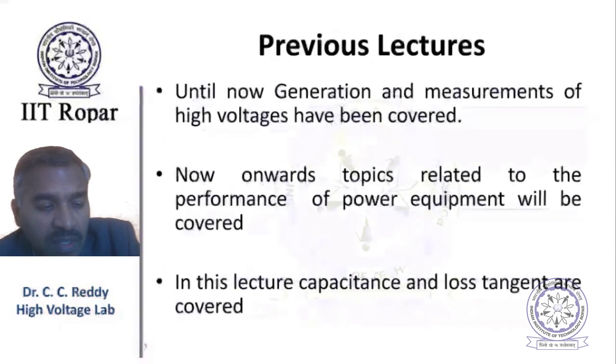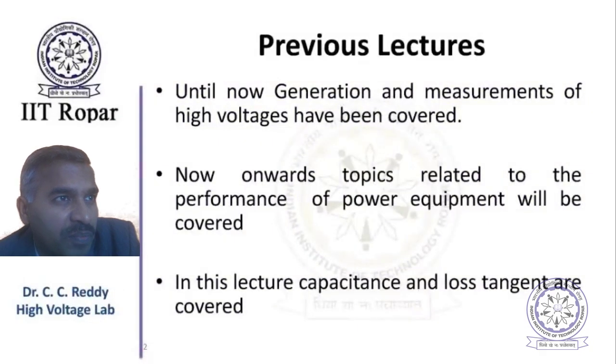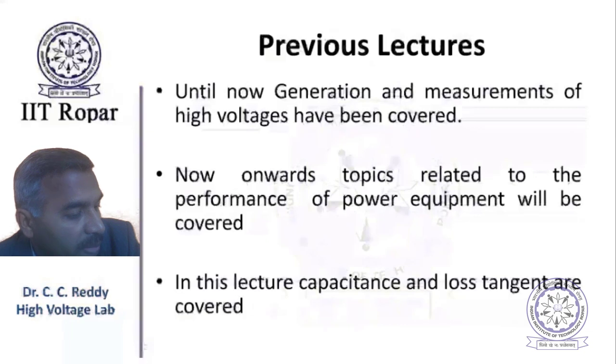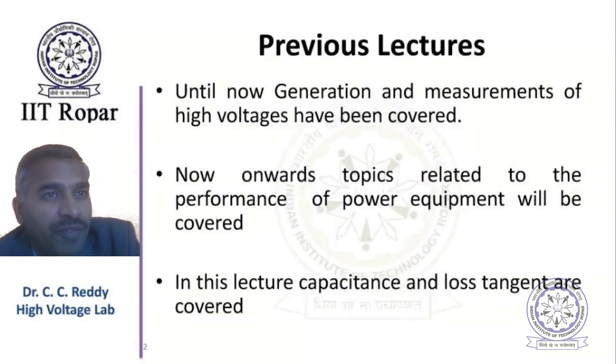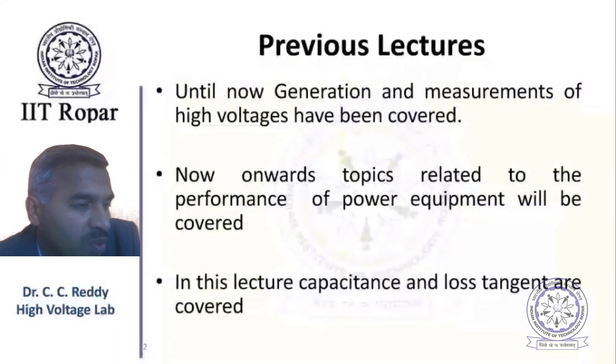So what does the failure of the power equipment mean? Insulation failure. A failure of power equipment means the failure of the insulation which is insulating the conductor from the core or ground.